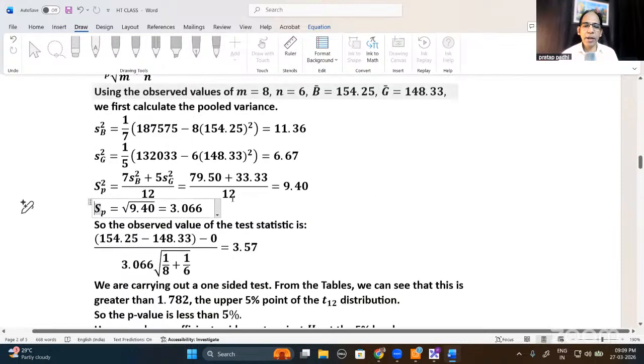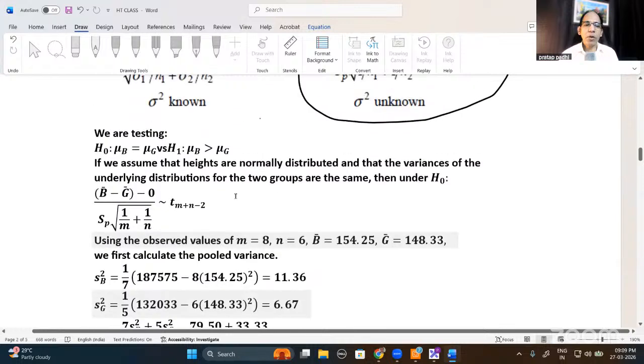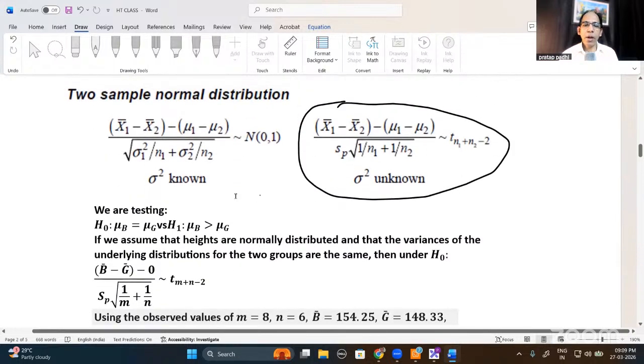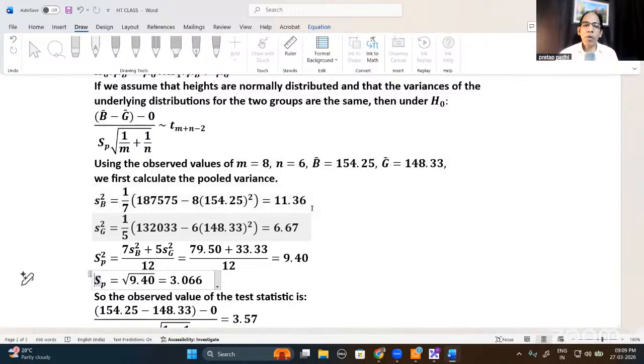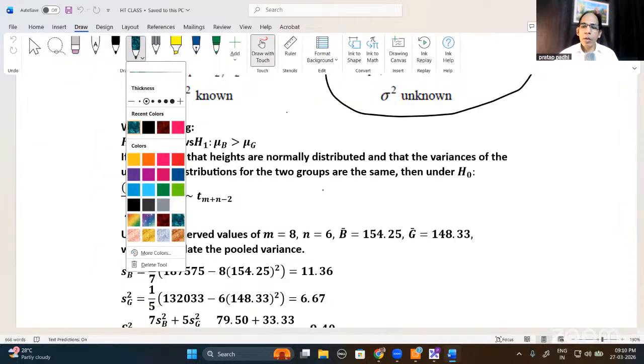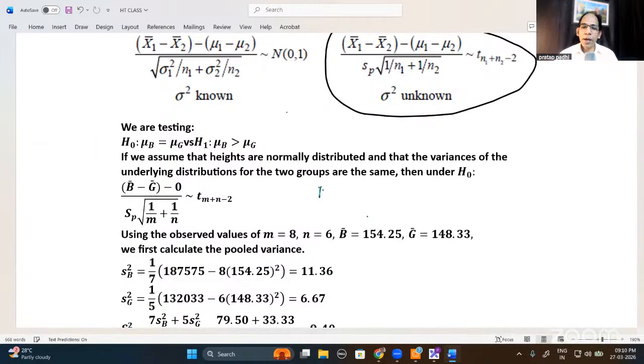That means we've taken two samples. Sample means we found here. Let me write this. So we have taken boys height and girls height. How many boys are there?